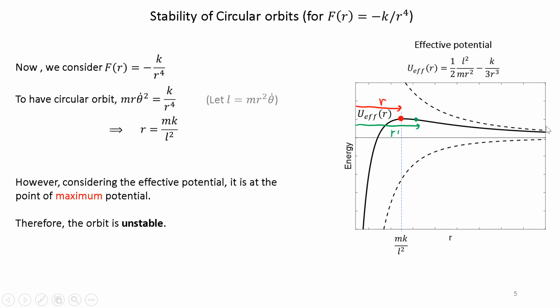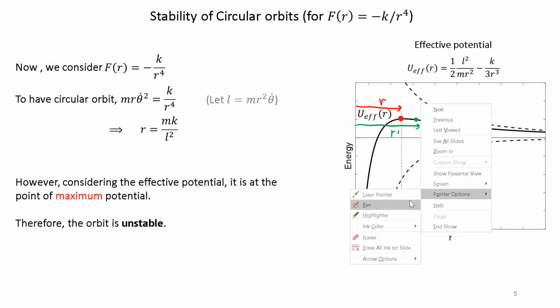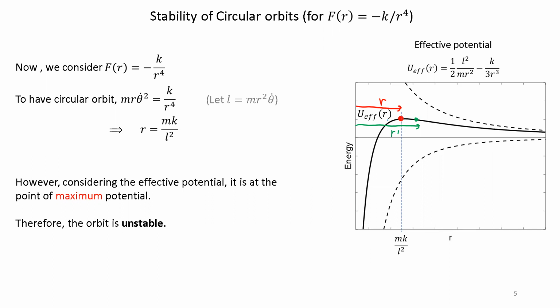So that clearly is an unstable orbit. On the other hand, you could imagine that if my initial displacement is not to the large side, but to this small side, then there is a really rapid drop over here.